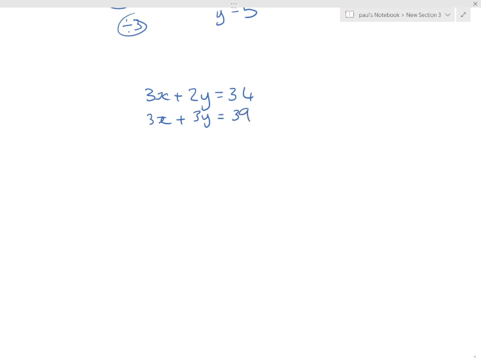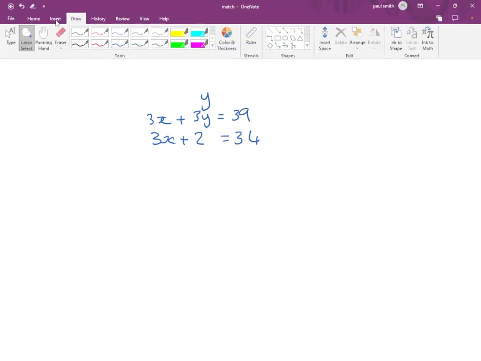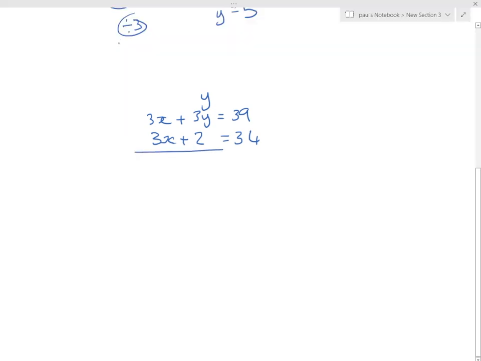So we've got similar numbers, right. Now this is up the other way. We've got a matching set of x's, but it's up the other way. So you need to take this number at the top and stick that underneath there. And then you've got the higher numbers at the top. So we can subtract, and we get a single y equals 5. Oh, that was easy, wasn't it?